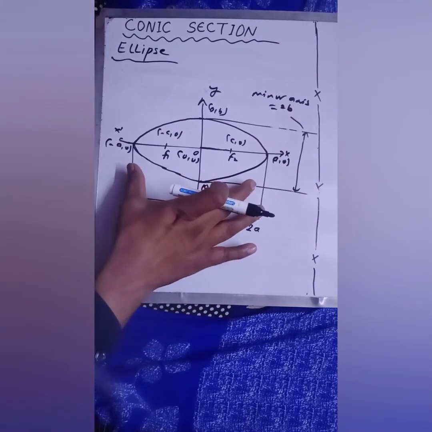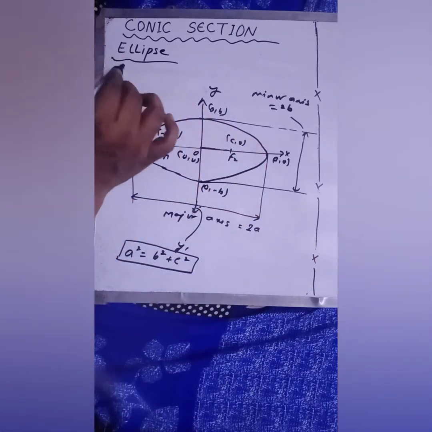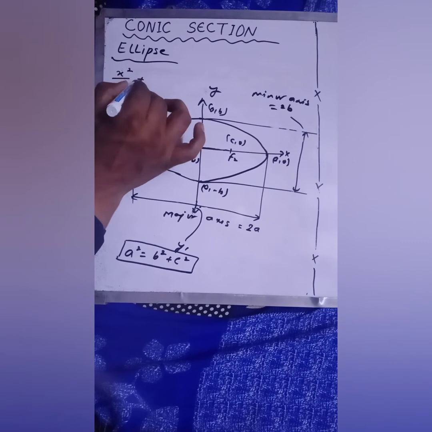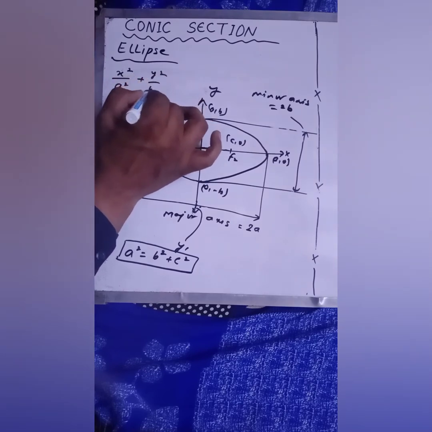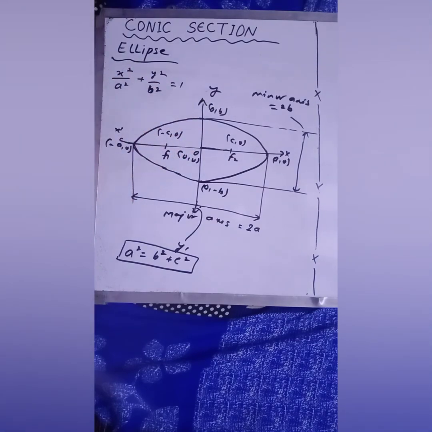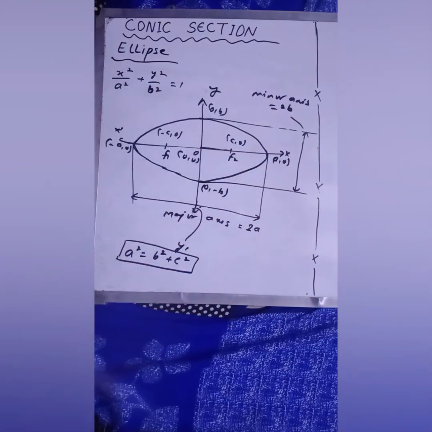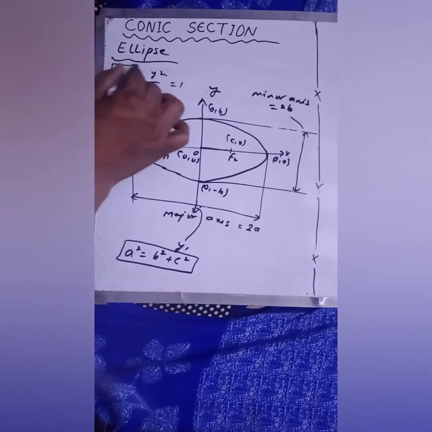And the general equation of this ellipse would be x square over a square plus y square over b square equals 1. This is the general equation of this ellipse when the major axis lies on the x-axis.